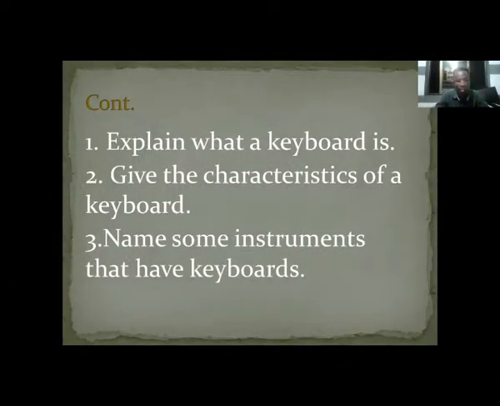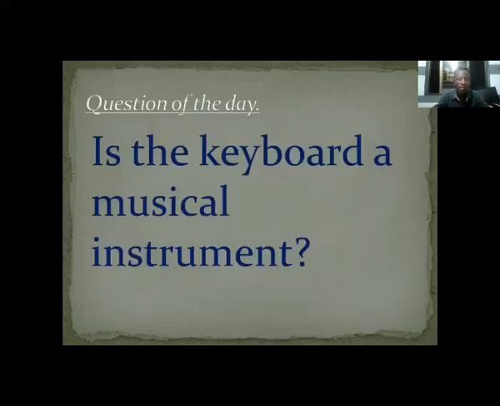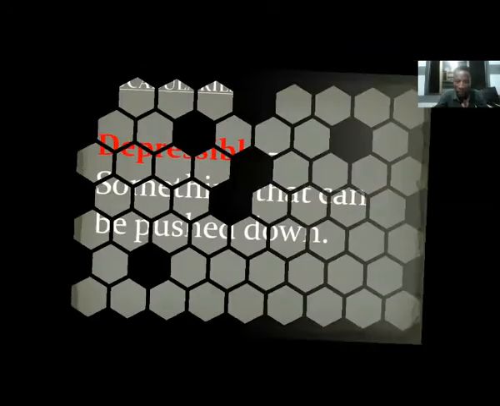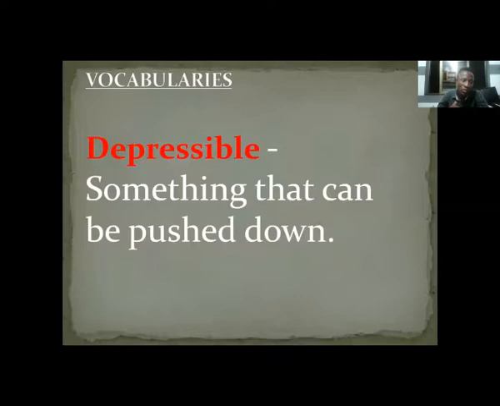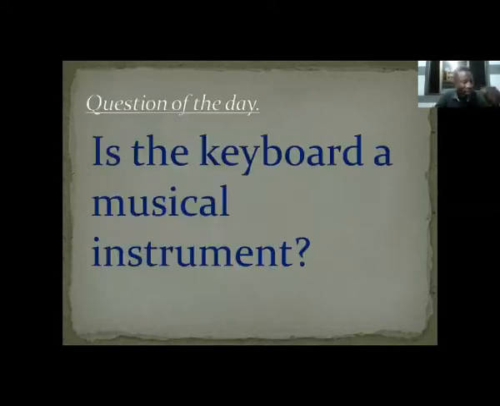So back to the question of the day, as I asked earlier: is the keyboard a musical instrument? That is what most people ask. And this is the very first word we'll be hearing as we are talking about the keyboard: depressible.